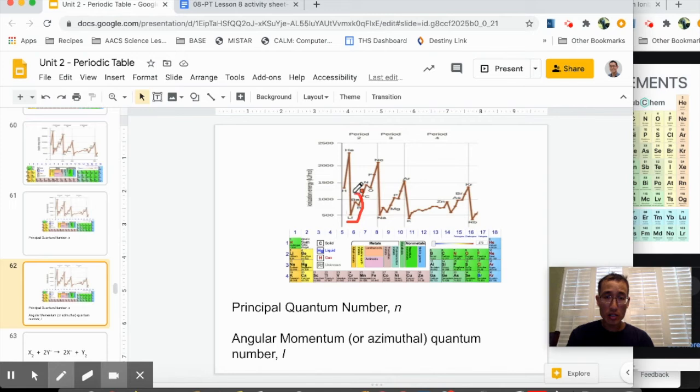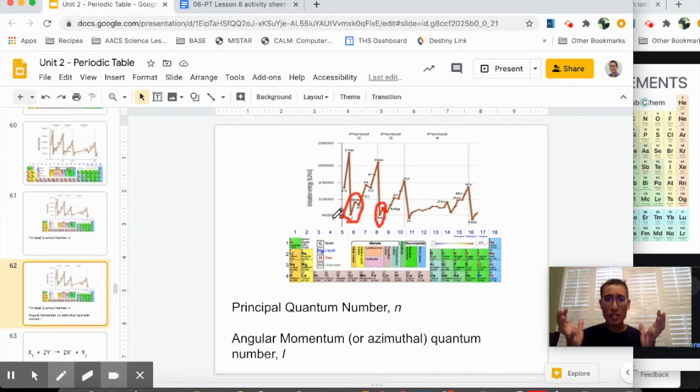Same here, we have sodium and magnesium, it goes up, but then we have another little dip right here. And then, this is a big dip. So there's actual sub-levels within the principal levels.